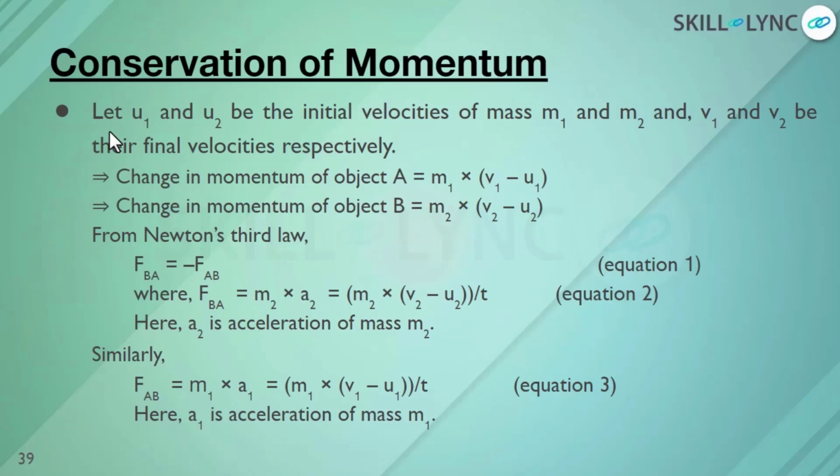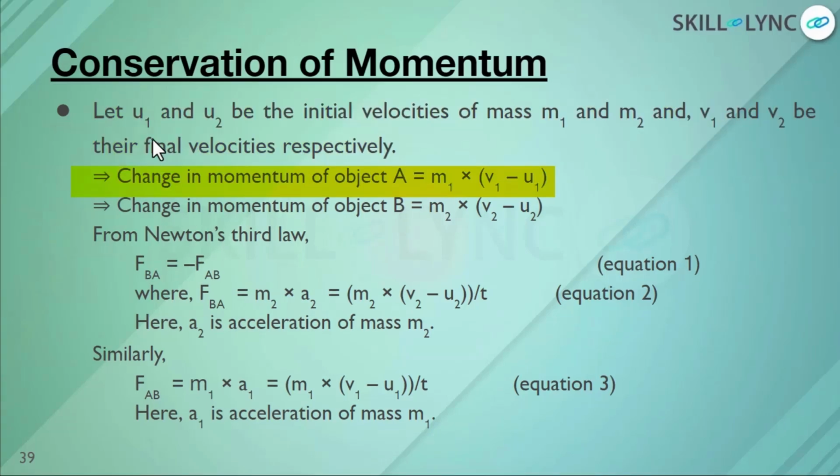To understand the conservation of momentum, let us consider a case. Let u1 and u2 be the initial velocities of masses m1 and m2, and v1 and v2 be their final velocities respectively. Thus, the change in momentum of object A would be m1 into (v1 minus u1), since momentum is mass into velocity.